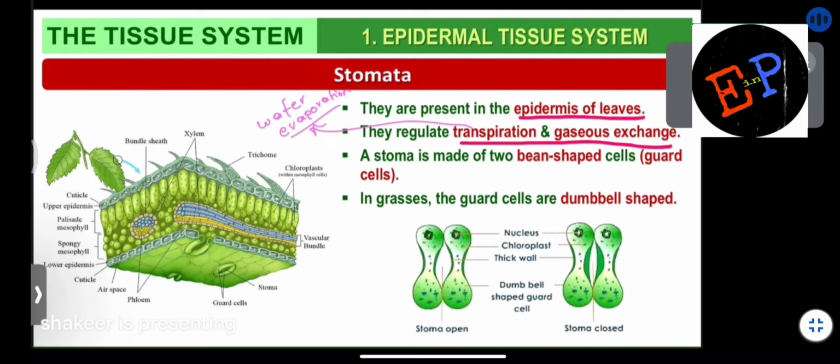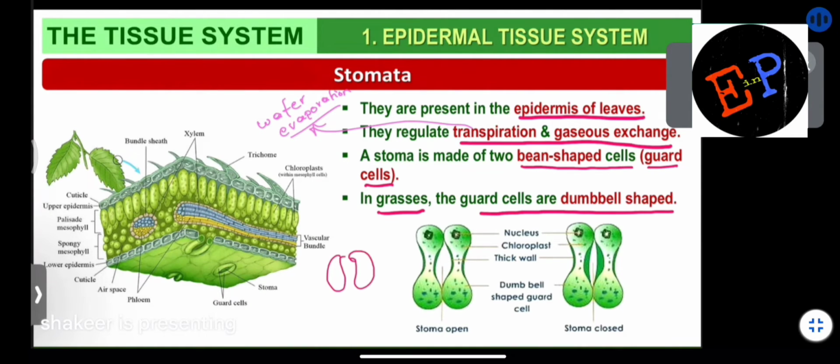So stoma. Stomata is the plural form. A stoma is made up of two bean-shaped cells, which are also called guard cells. Clear? But in grasses, the guard cells are dumbbell shaped. So generally, stomata are made up of what kind of cells? Bean-shaped cells. It means the cells will be of this kind of shape.